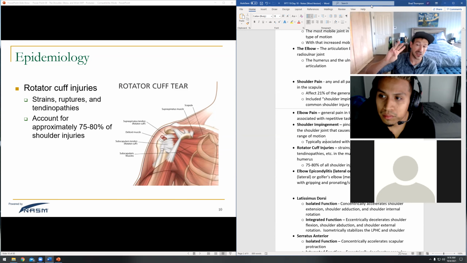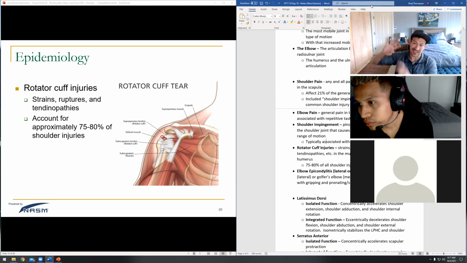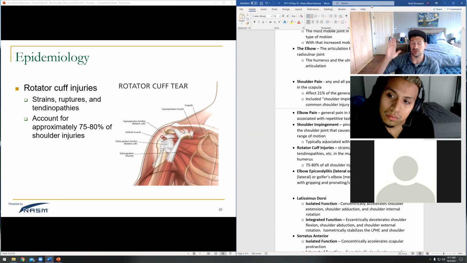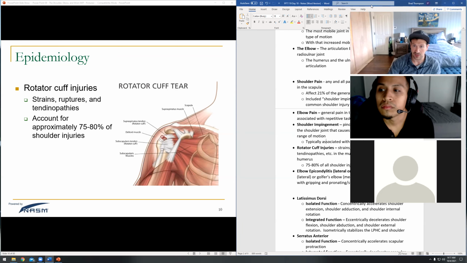So those are our 3 big bads today. I know there's not a storyline to kinesiology, but I'm always like, those are our 3 villains for the day: too much internal rotation and not enough external, too much protraction instead of retraction, and too much anterior tilting instead of neutral or posterior tilting.